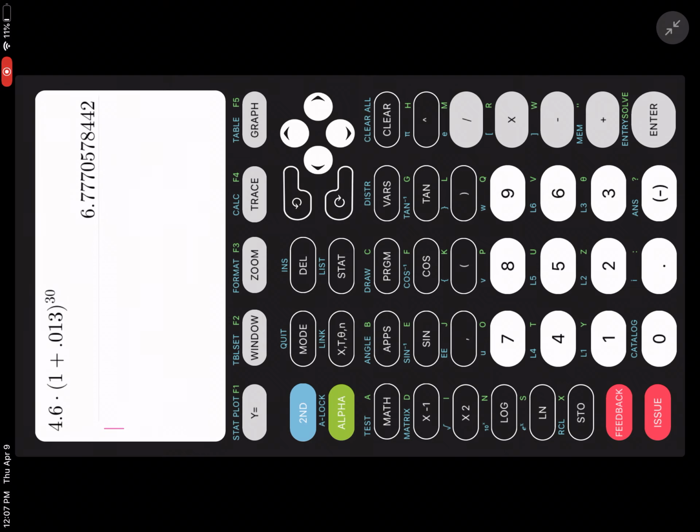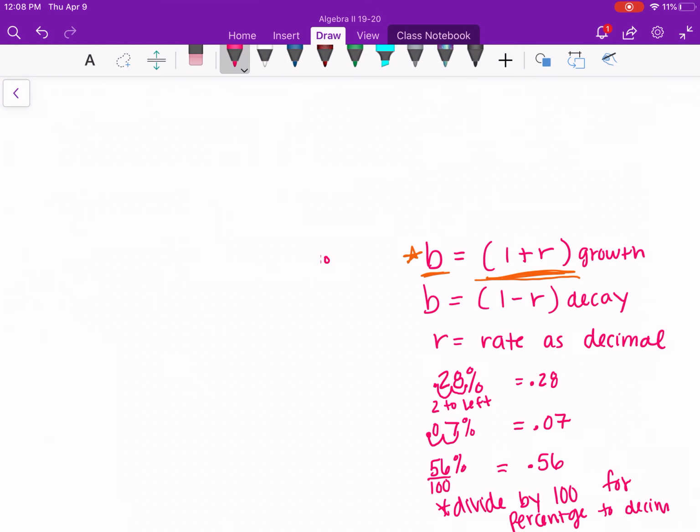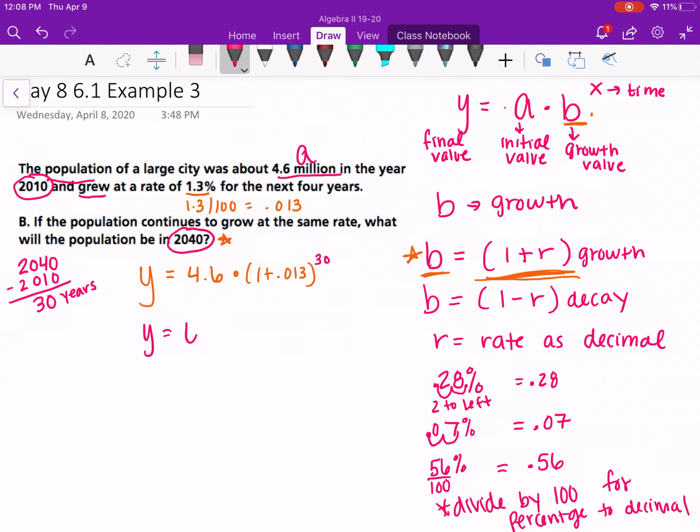And then we'll round this, and so we'll say that that is 6.78. So we'll say that y equals 6.78, meaning that our population in 2040 is about 6.78 million people.